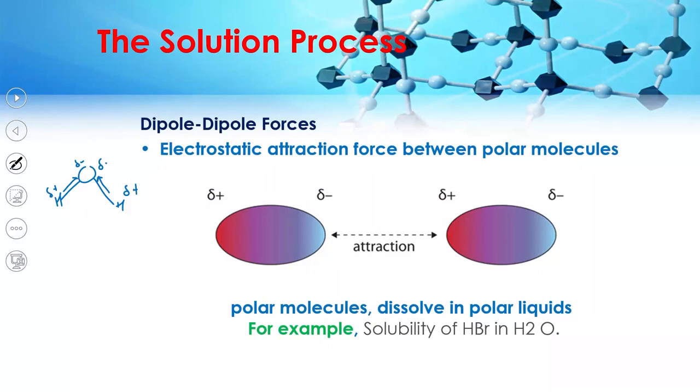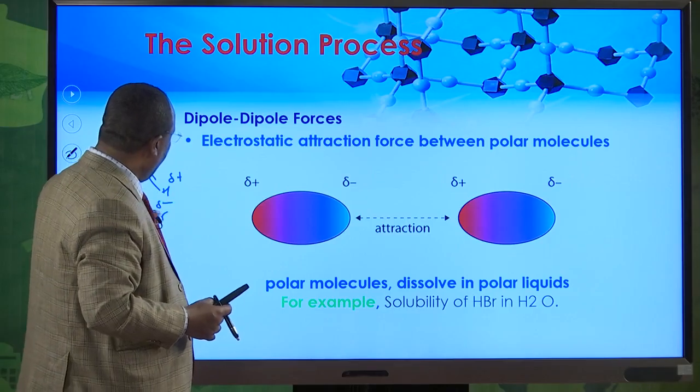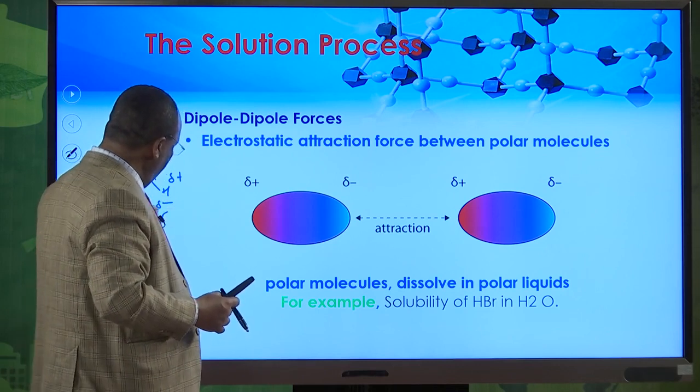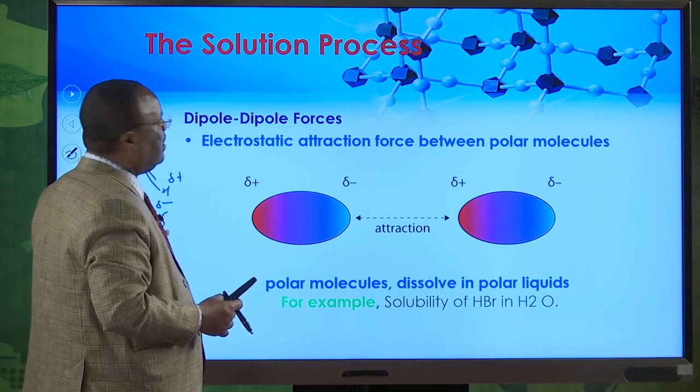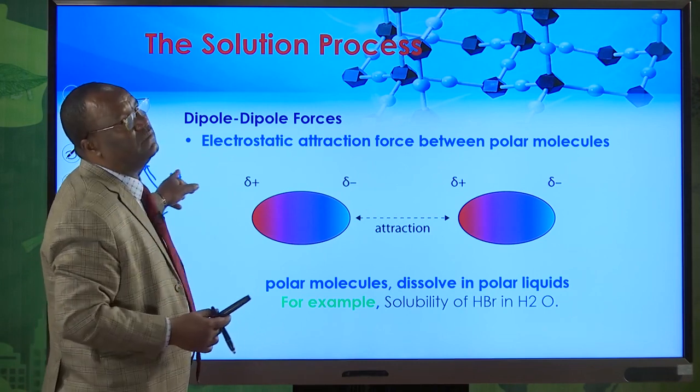What about hydrogen bromide? Hydrogen bromide is also a polar molecule. The electronegativity of bromine is greater than that of hydrogen, so hydrogen is partially positive and bromine partially negative. There is dipole attraction between the two molecules. The negative end of the hydrogen bromide molecule attracts the positive hydrogen of the water molecule.